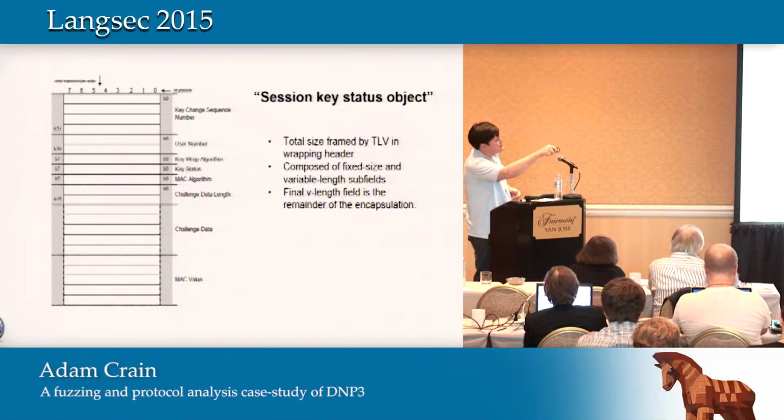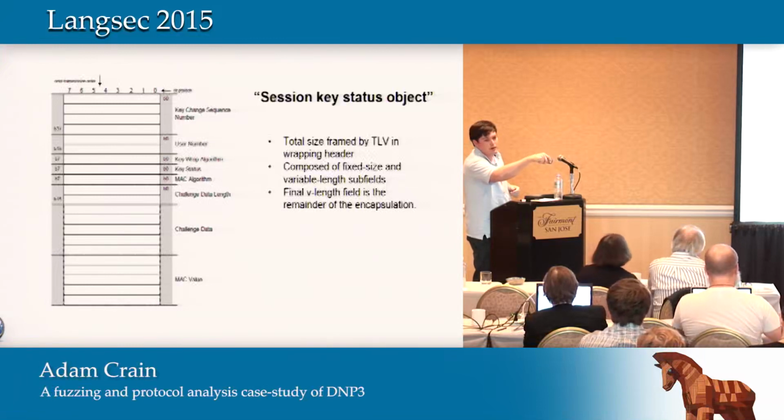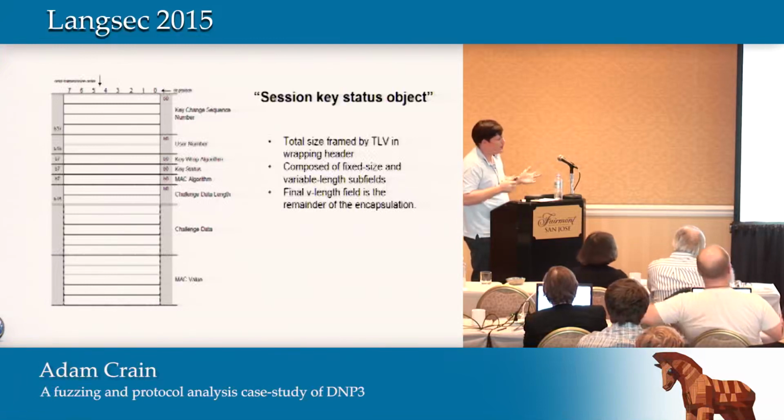The fixed length fields always come first, and then some number of variable length fields. So in this object, they have a 16-bit integer that frames this sub-variable length field, and then the last variable length field is implicitly the remainder from the encapsulated framing.